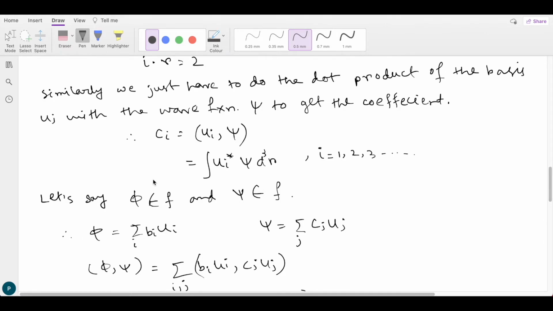So in this way we can determine any coefficient. Let's say ci is any coefficient, which can be determined as the scalar product or the dot product of ui with psi, where i can be any value 1, 2, 3. It depends on what is the dimension of the basis.